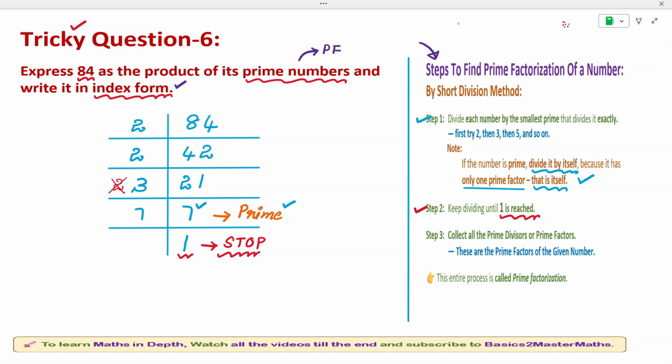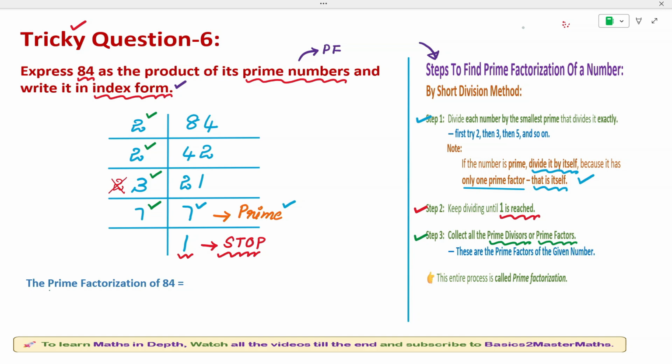Step 3. Collect all the prime divisors or prime factors. In this case, they are 2, 2, 3 and 7.